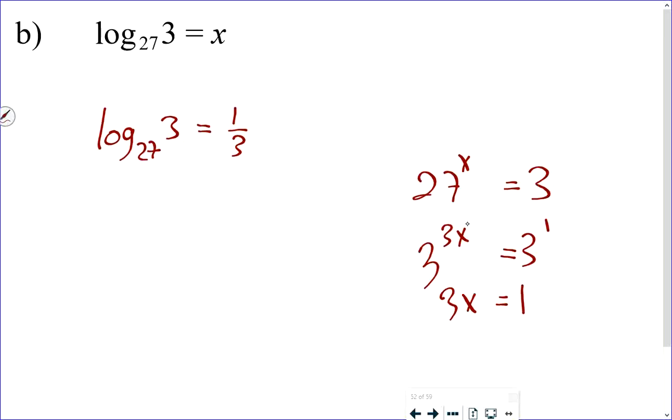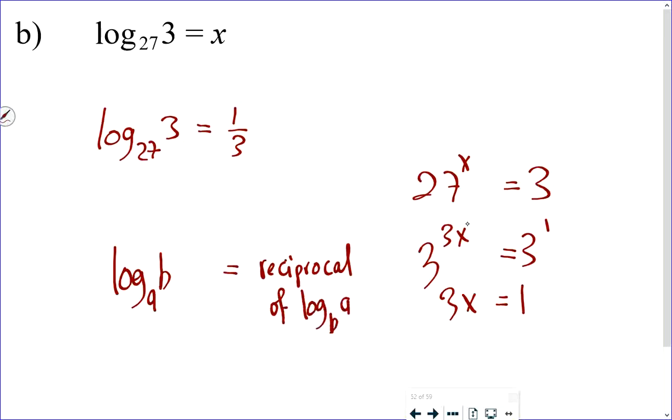Lynette has stumbled across a very useful little rule, if you can remember it, that if I have log base a of b, it's equal to the reciprocal of log base b of a.